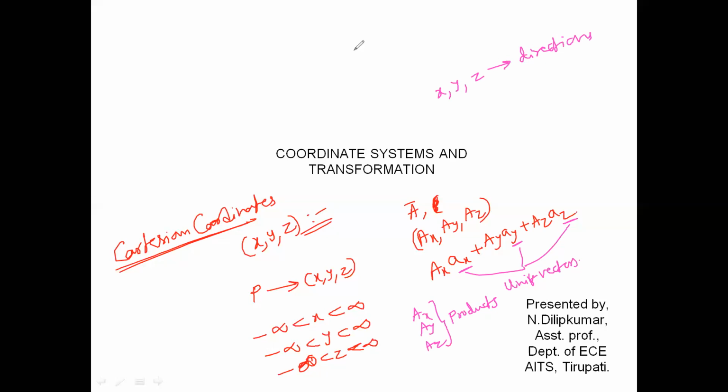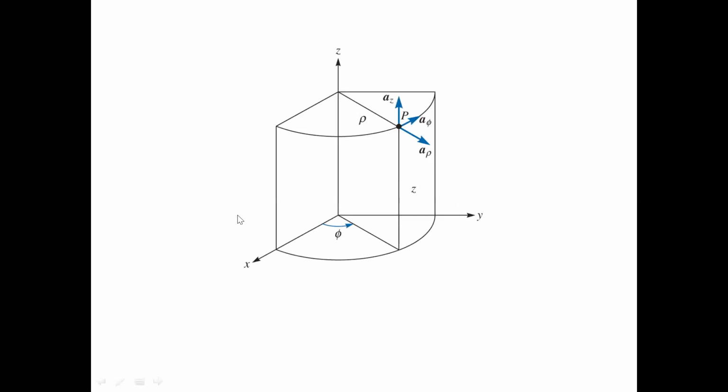The next system we can see is the circular cylindrical coordinate system.